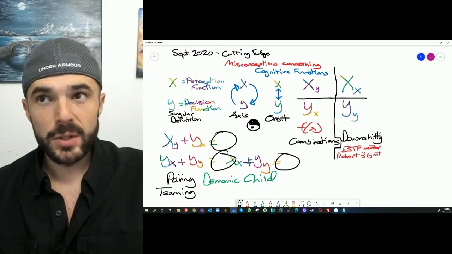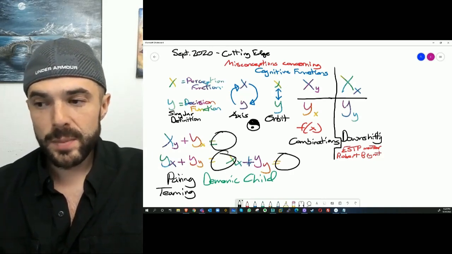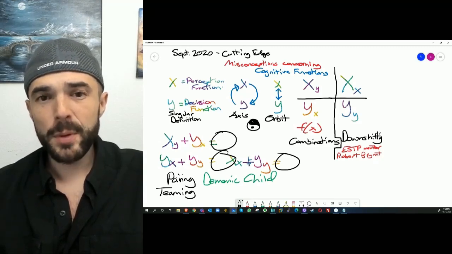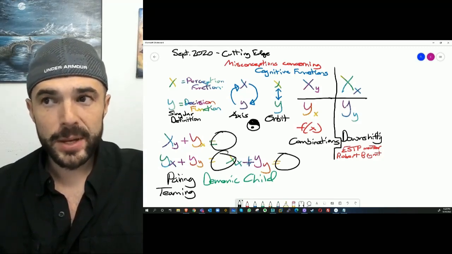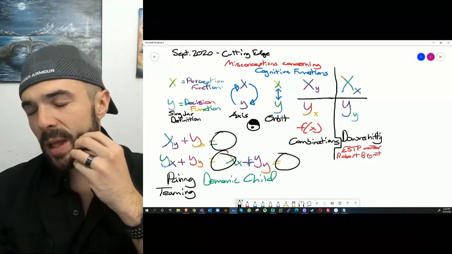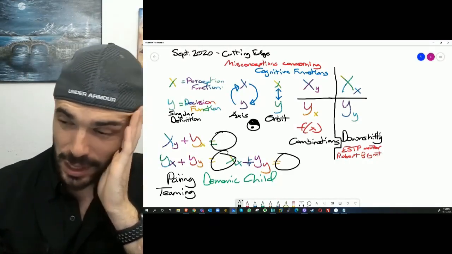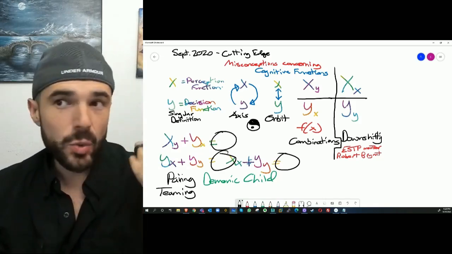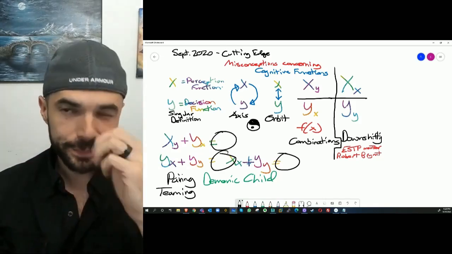So cognitive combinations. What are cognitive combinations? Okay, so here's my problem with everyone. People think that when they're describing cognitive functions, you have all these people, like sometimes on our Facebook public group, they're like, well, introverted sensing causes this, or introverted intuition causes this.